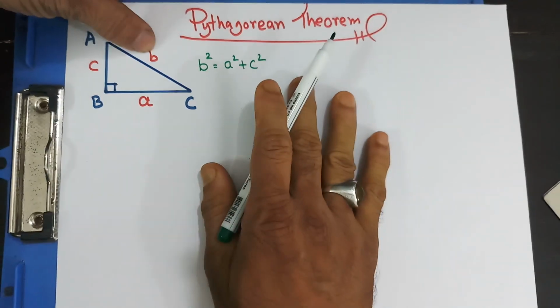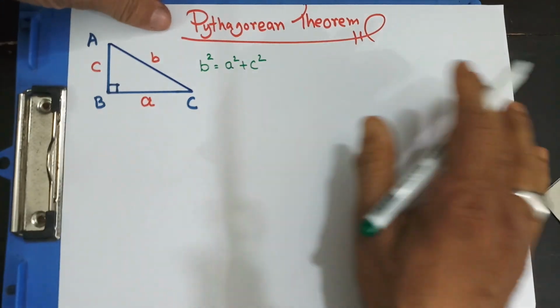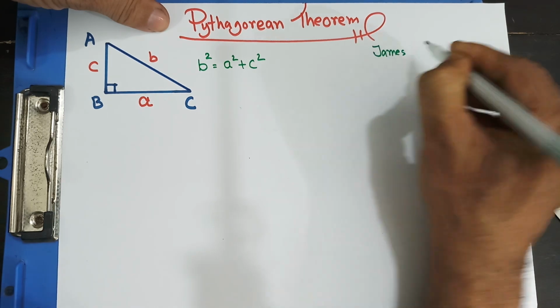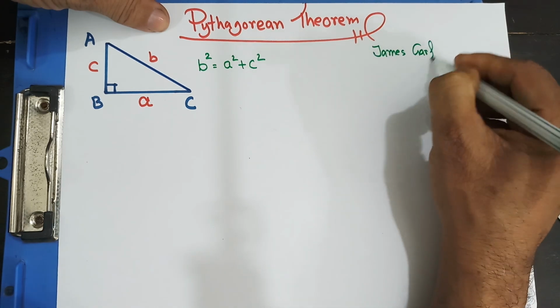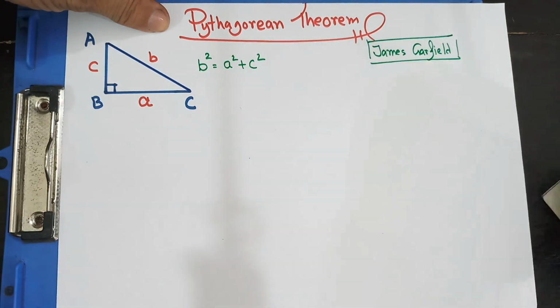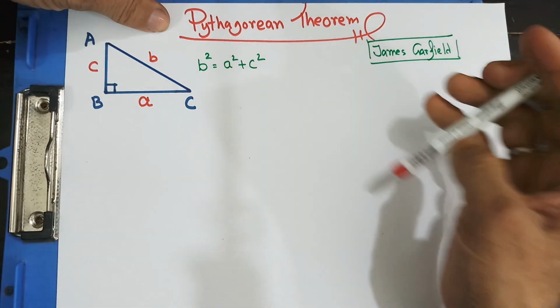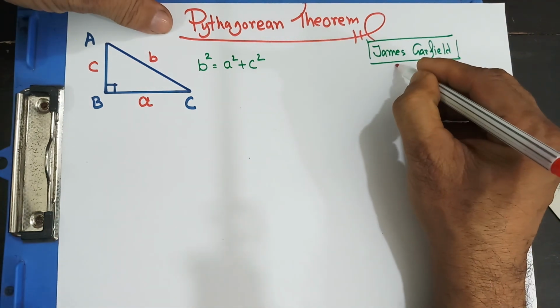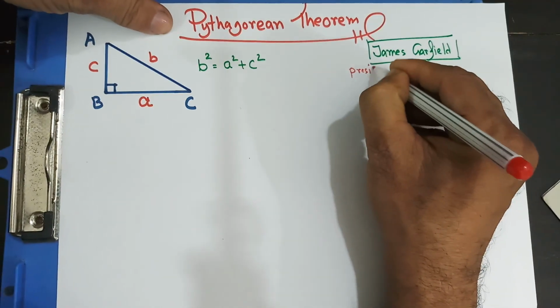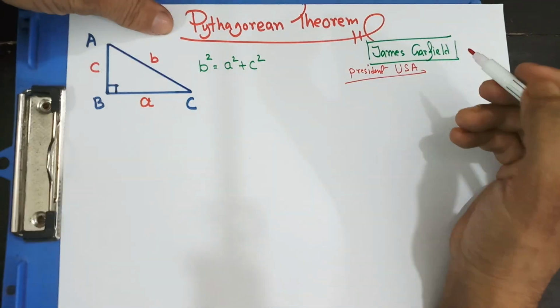Now the proof I'm going to do was actually done by James Garfield. I'm not sure if you have heard this name or not, but believe it or not, he was a former president of the United States of America.